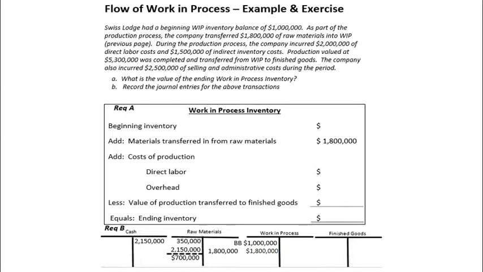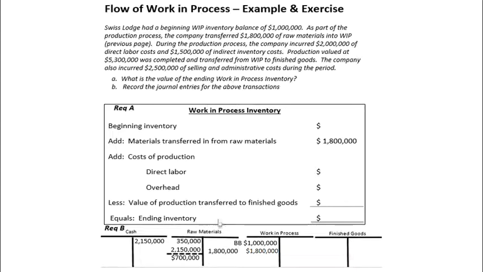Okay, as part of the production process, the company transferred $1,800,000 of raw materials into work in process. Now that was from our previous workbook page. You'll notice I've added that amount here. Again, here's our inventory formula: beginning inventory plus our inputs minus our outputs equals ending inventory.